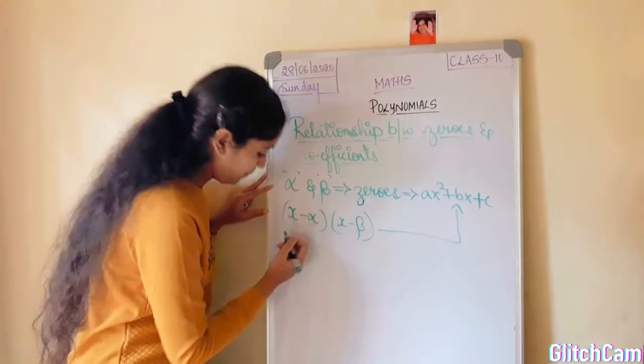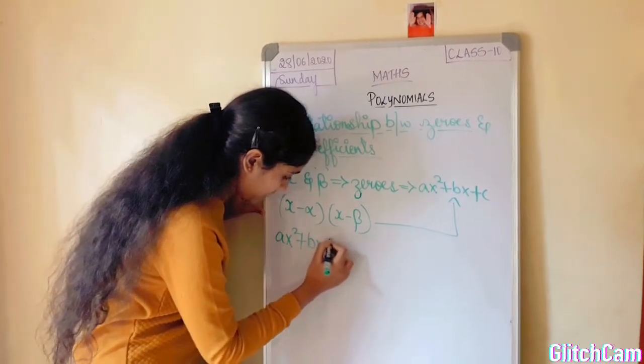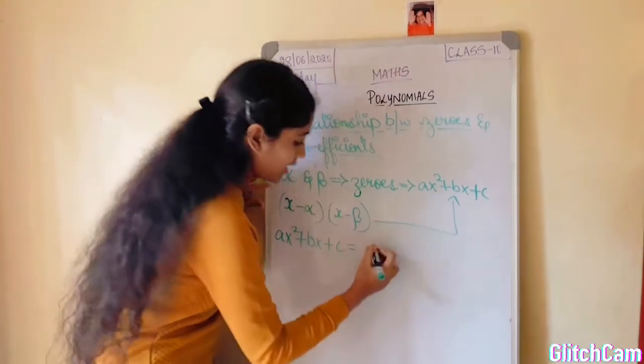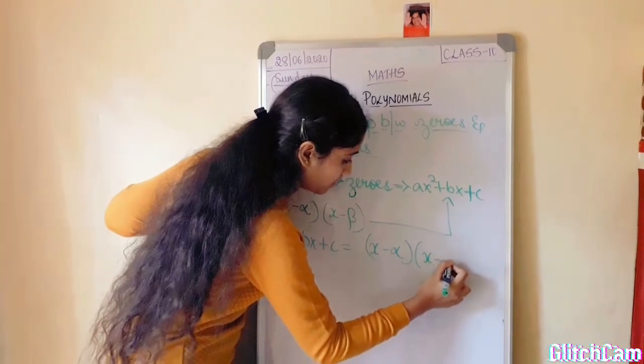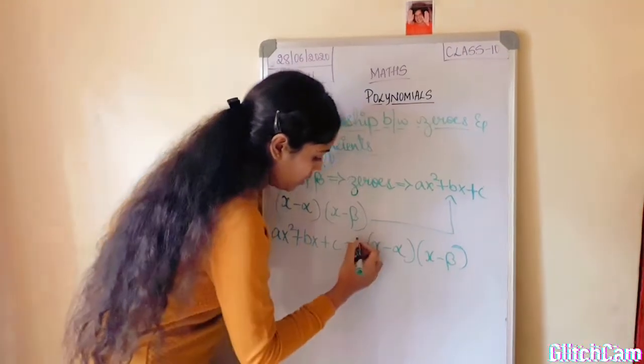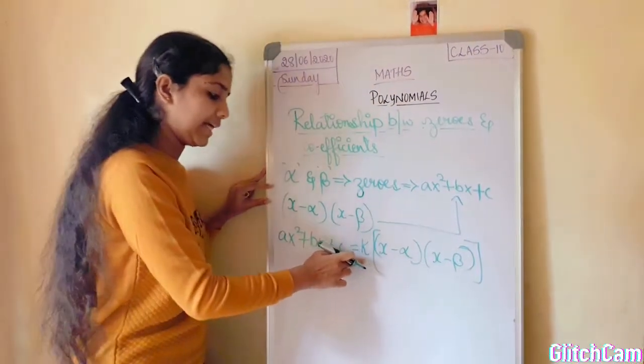So next, equate ax square plus bx plus c with x minus alpha into x minus beta. When you do this, you have to add a constant. So let k be the constant.